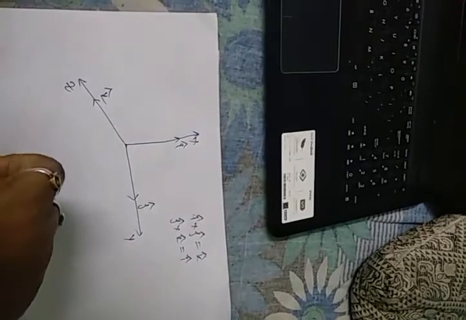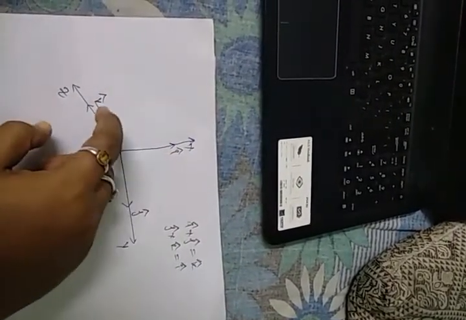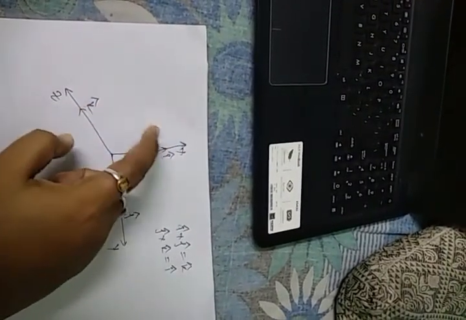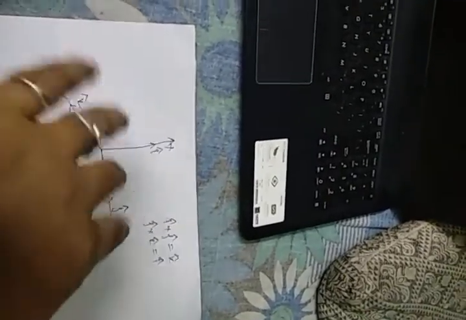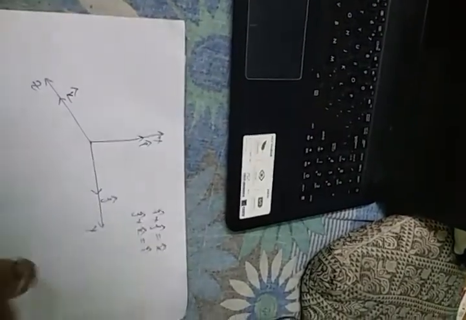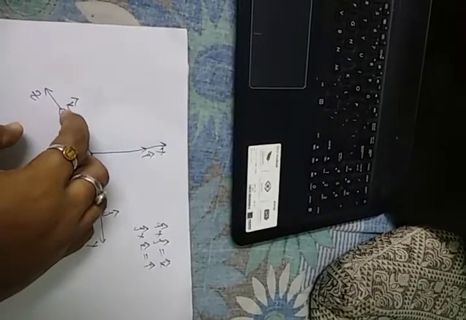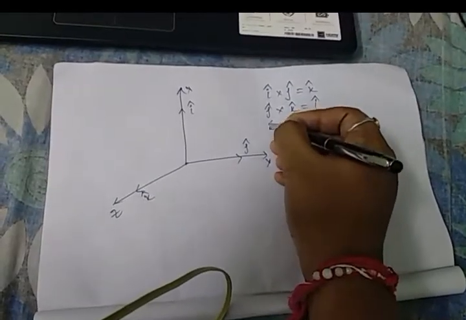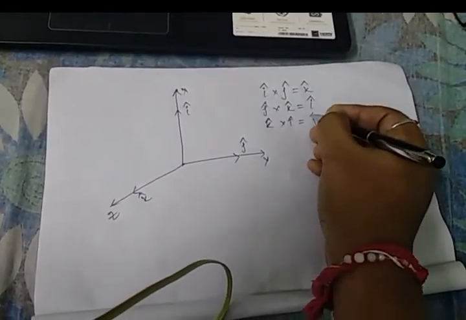In the same way I can find the cross product of k cap and i cap. I am rotating in this direction, from k cap cross i cap. It is difficult to move my fingers now, but following the previous process, k cap cross i cap is equal to j cap.